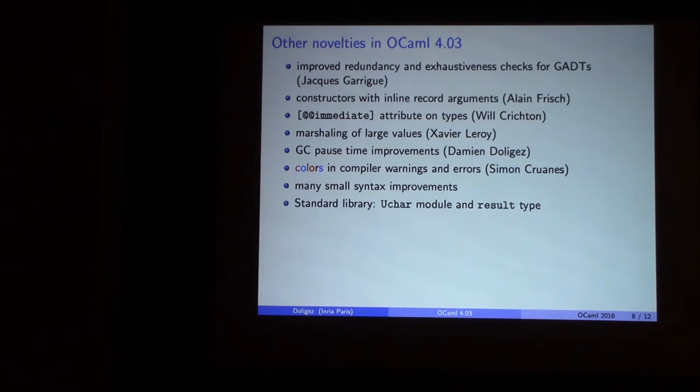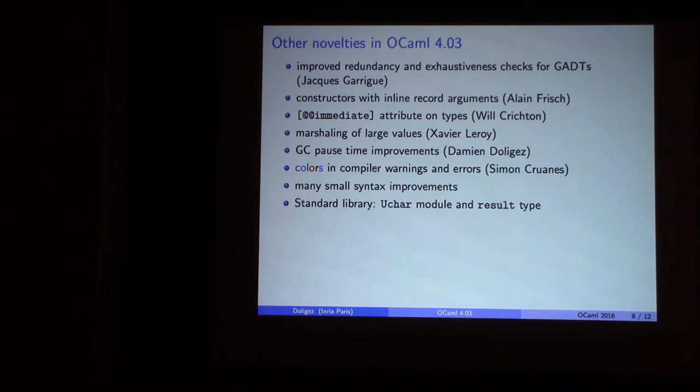There are other new things in 4.03. I've listed them here. So GADTs got better. We can write constructors with records as arguments. And that allows you to do more efficient data structures.